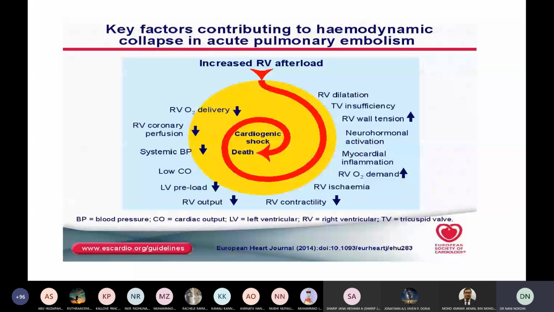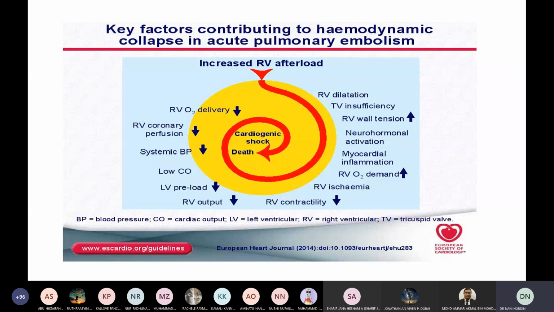We talked about compression of the coronary vessel, but at the same time, with increased ventricular tension, there's also increased oxygen demand. That combination will lead to ischemia, and because of ischemia, it will also lead to decreased contractility. So all these form the vicious cycle of what can happen when you have an increase in right ventricular pressure.